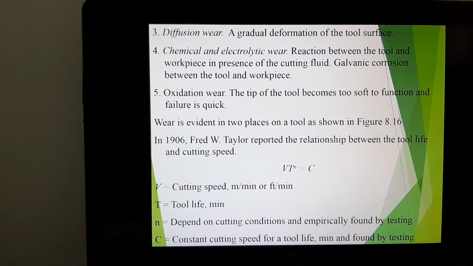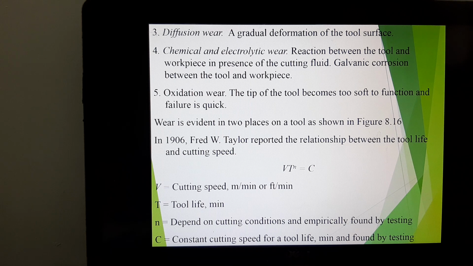Lastly, oxidation wear. Oxidation wear is the formation of rust. If your tool has rusted, we call it oxidation wear. Oxidation wear is when your tool becomes rusted, becomes brittle, and undergoes brittle failure. So you need to know these 5 wears. Number 1, abrasion wear. Number 2, adhesion wear.